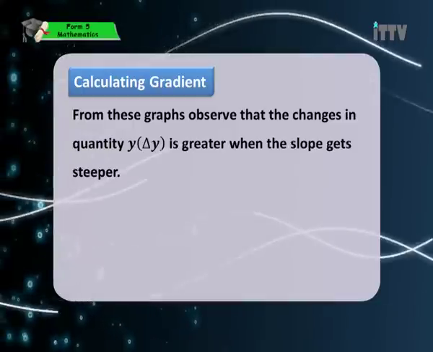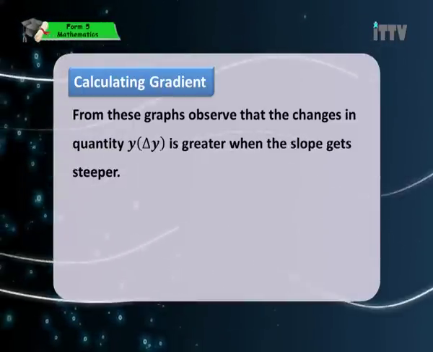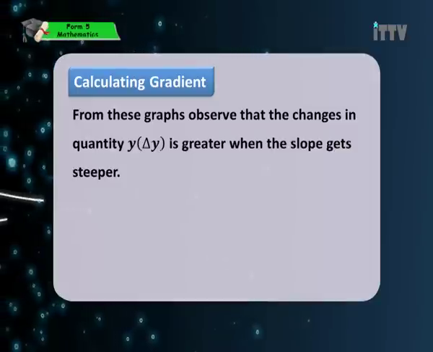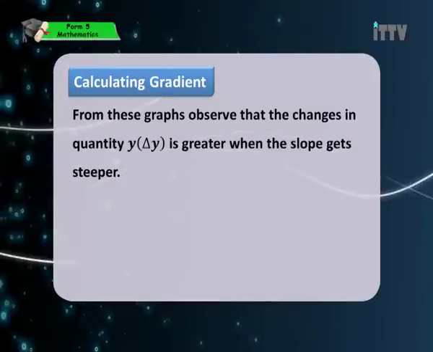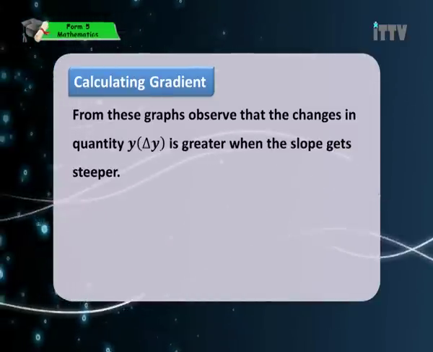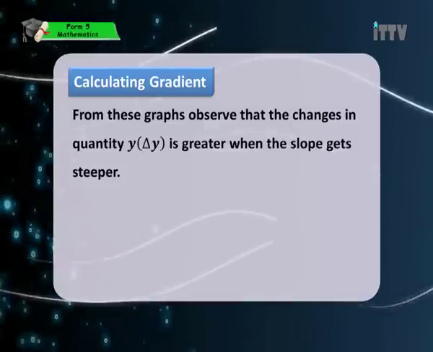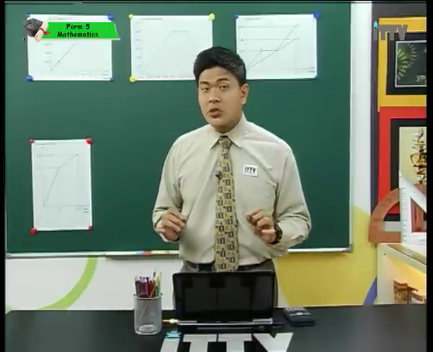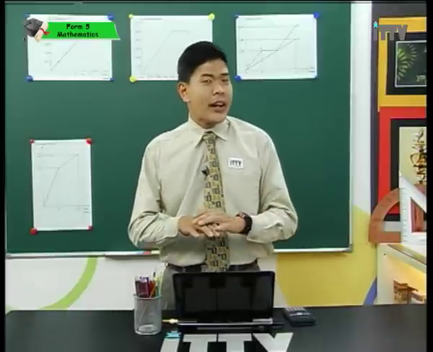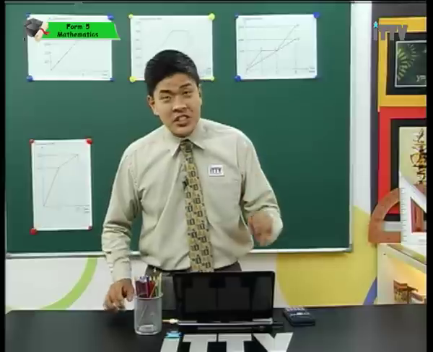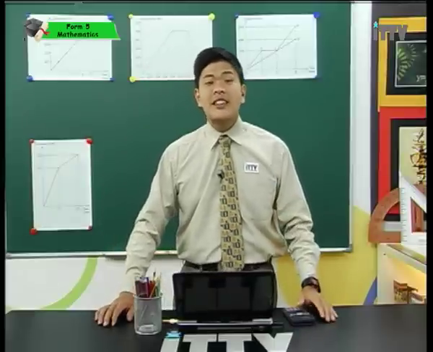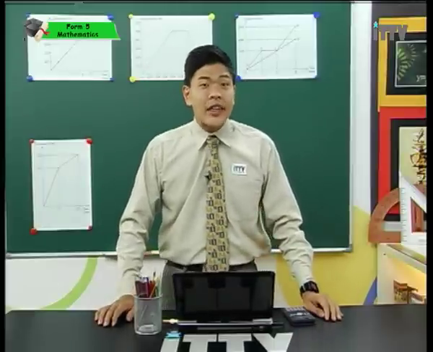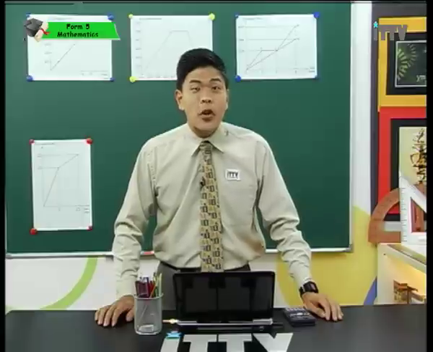From these graphs, observe that the change in quantity y, which is the vertical distance, is greater when the slope gets steeper. That is something you must always notice when you come across straight lines, because although they are all straight lines, their position and their gradients or steepness will tell you a lot about the quantities involved.